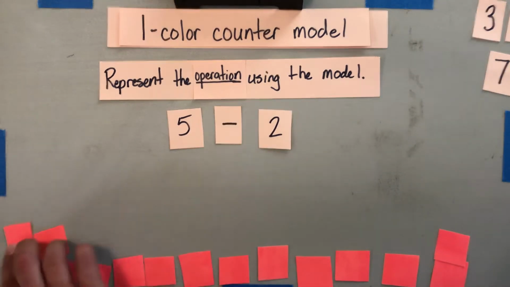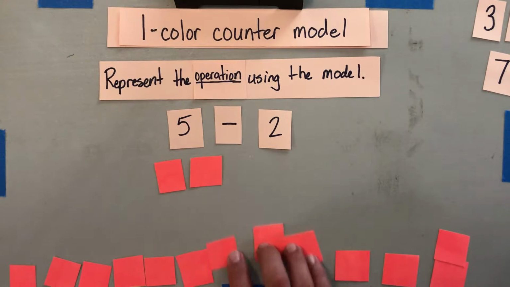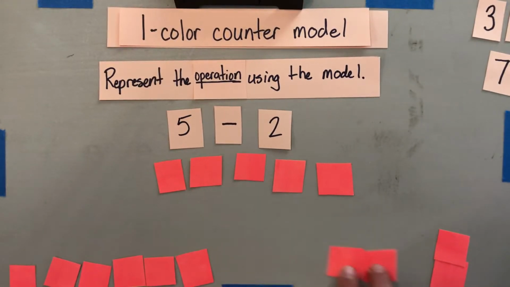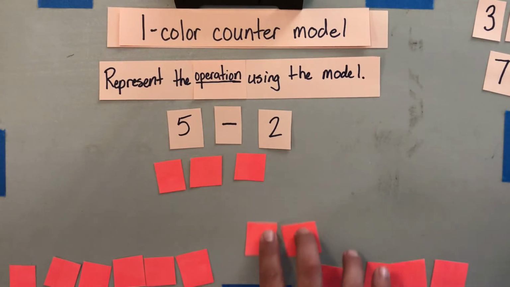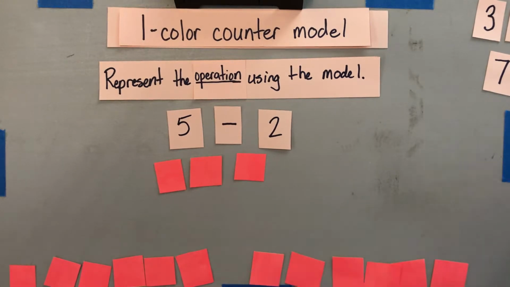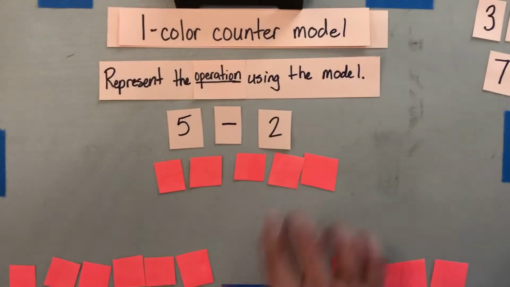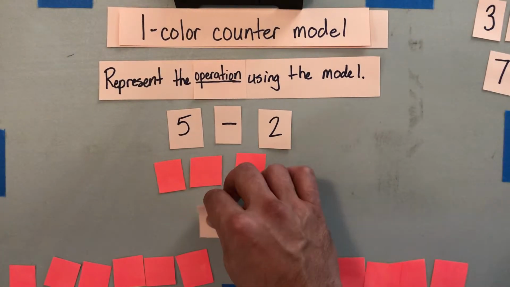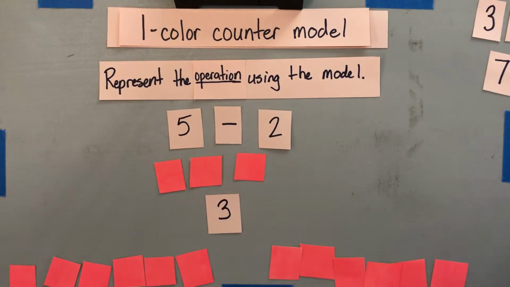What I do is I start with 5, and instead of bringing in 2, subtraction really is more of a taking away operation. So I start with 5 and then I take away 2. So 5 minus 2 is 3.